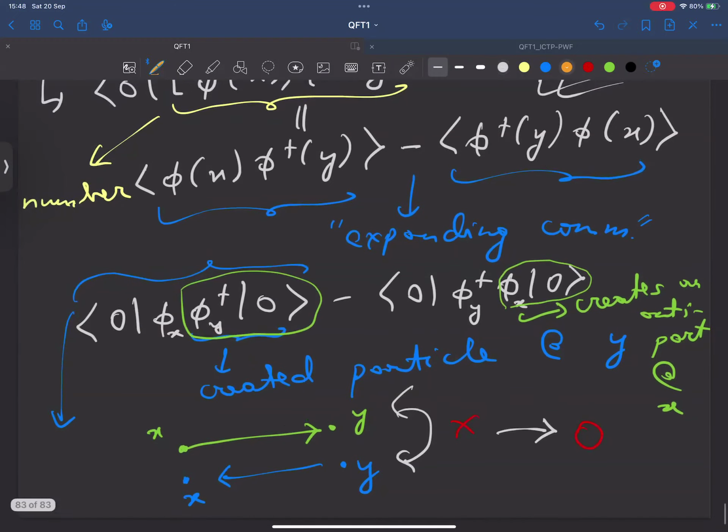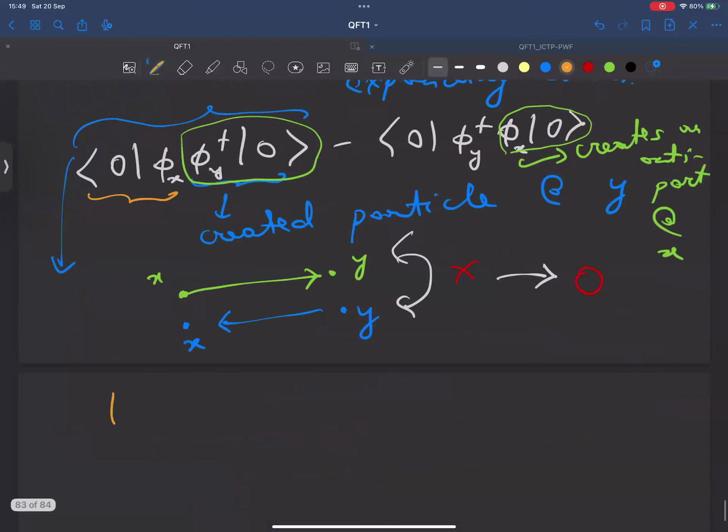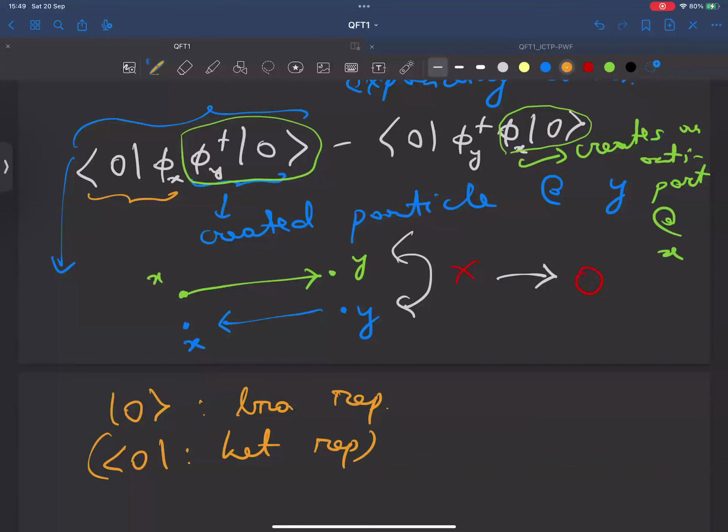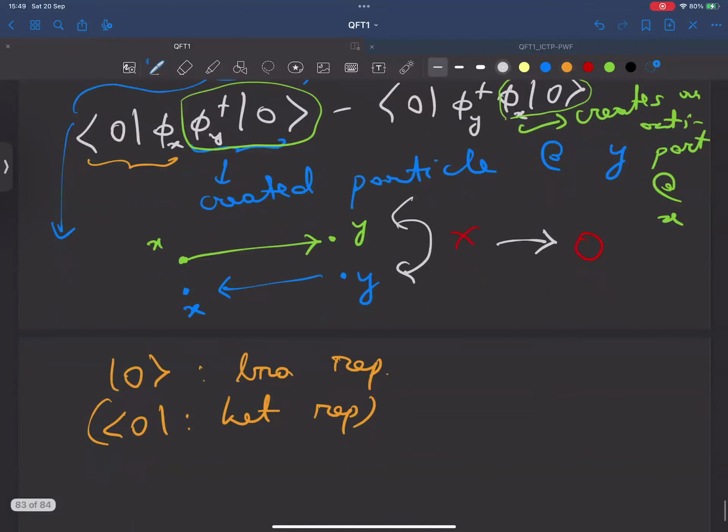If you are focusing on this part, they will exactly be the reverse of each other. But we define particle and antiparticle just by looking at the bra excitations, which are excitations acting on the vacuum, the bra representation of the vacuum. An analogous one-to-one story is also there for the ket representation. So you can again argue for the ket, but all this we did for the bra part.